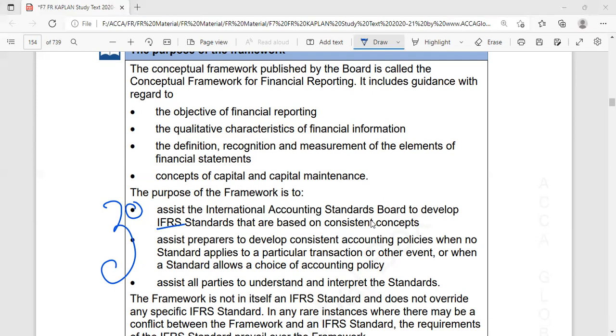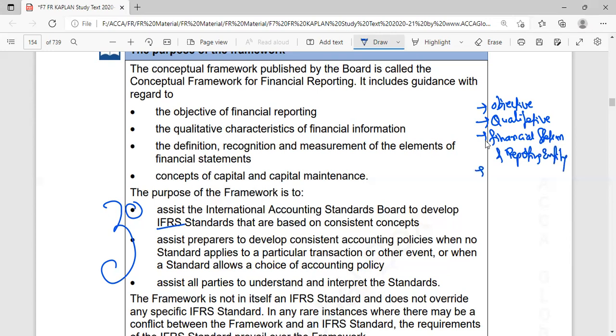This new conceptual framework for financial reporting consists of some elements. One is the objective of general purpose financial reporting, and the second is qualitative characteristics of the financial information. The third is financial statements and reporting entity.